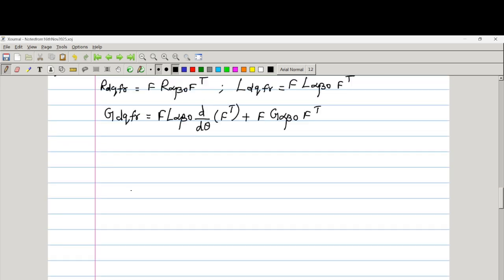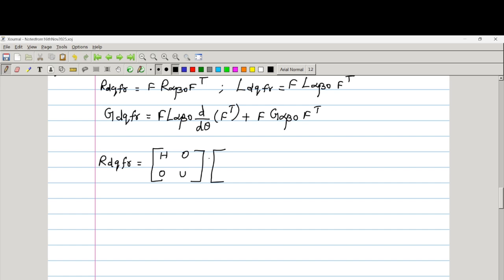So now let me start with RDQFR. This RDQFR is nothing but the F matrix, which is H 0 0 U, into the resistance matrix. The resistance matrix, we are converting that into a 3 cross 3 matrix, right?